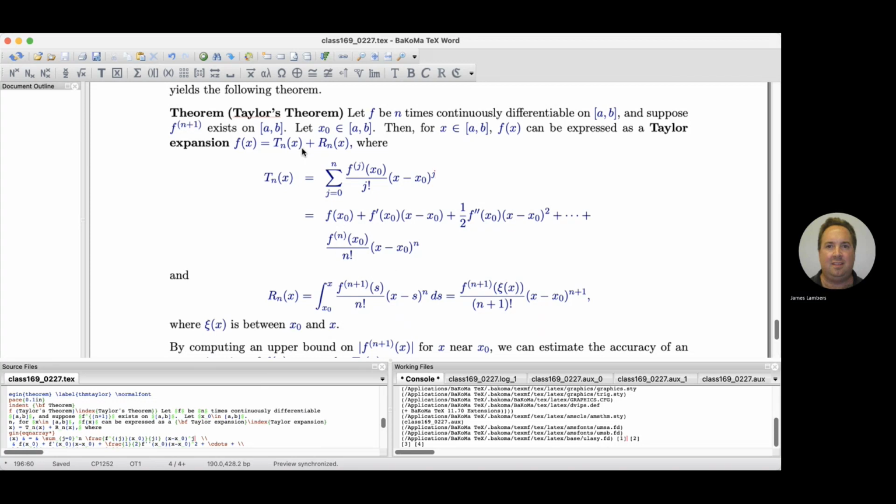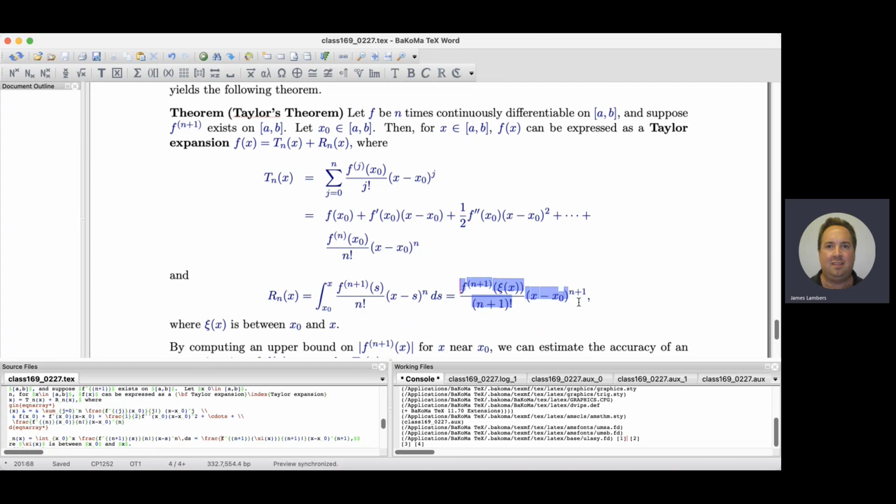Now, the error in that approximation of f of x by Tn of x is the nth Taylor remainder. And you can see that this closely resembles what will be the next term in the Taylor expansion. If I were to replace n by n plus 1 throughout, I'd have almost exactly this.